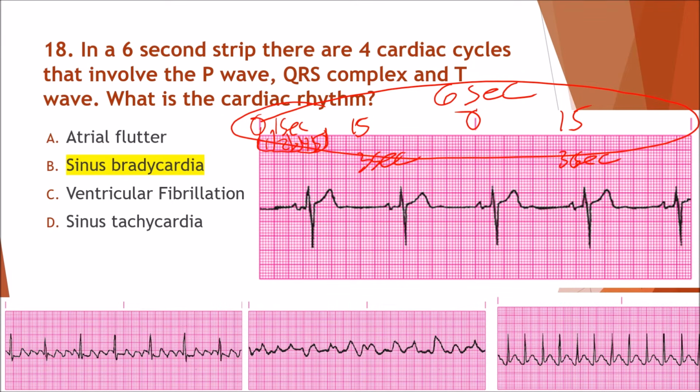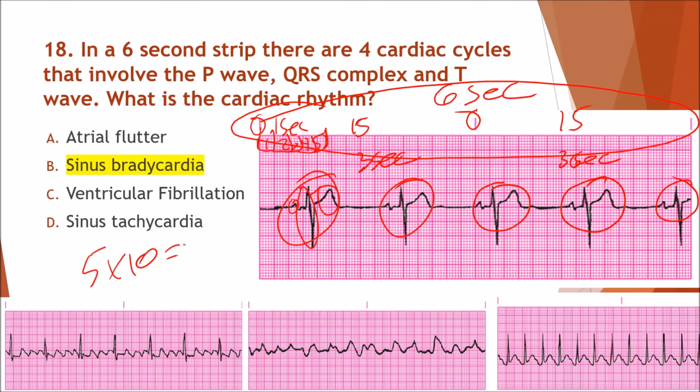Okay, now we're going to count cardiac cycles, and a cardiac cycle is composed of a P, a QRS, and a T. So this is one cardiac cycle. 1, 2, 3, 4, and then just go with 5. So we have 5 cardiac cycles, so we're going to multiply that times 10, which equals 50. Now why times 10?